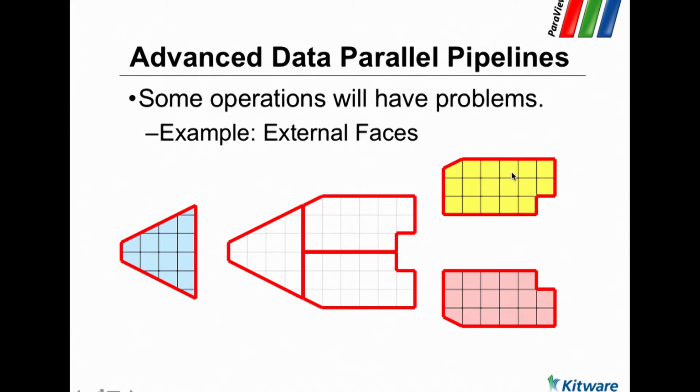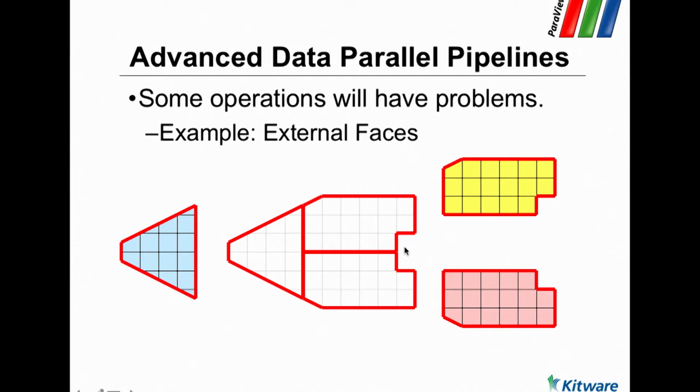You compute the external edges for each of the pieces, and when you say the length of the perimeter of my data set is, that is going to have some extra values. So you have basically twice the interior edges. So how do you fix this problem?